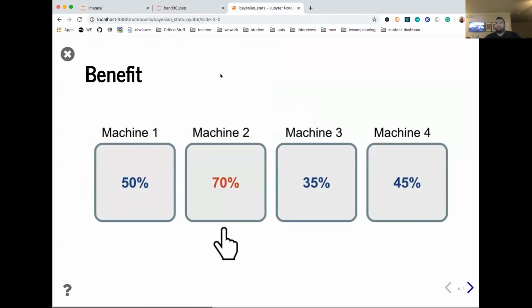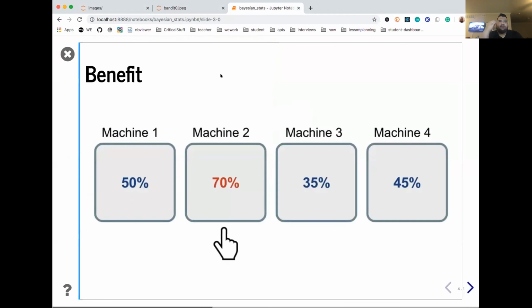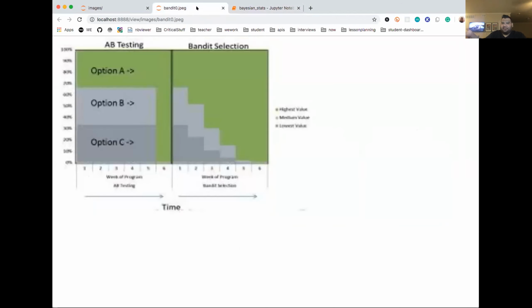So a benefit in that is, if you're doing something like serving a web page, you would want to use bandit modeling. If web page A increases engagement, keep serving web page A more often, right? Quit serving C if it's not doing well. If it's clear after a couple weeks C is not serving well, get C out of there. Why would you waste so much time just to waste time?